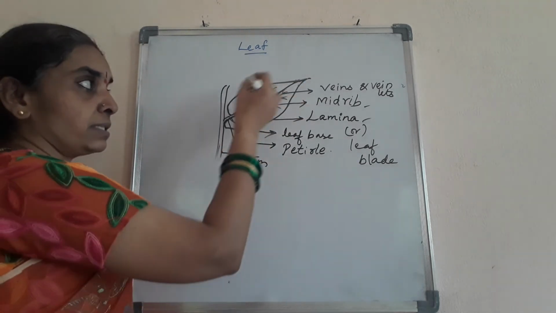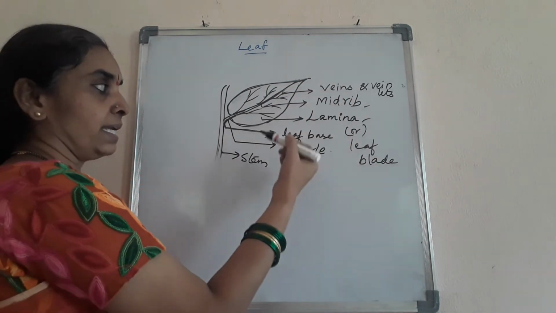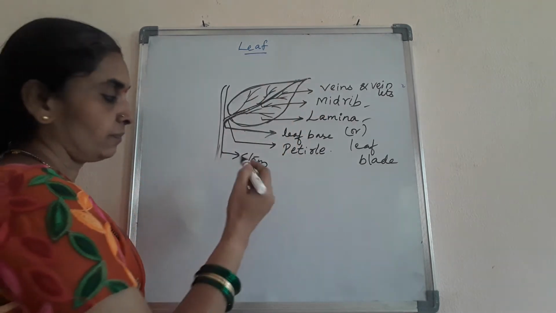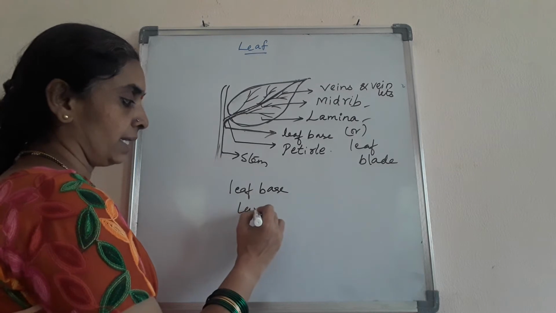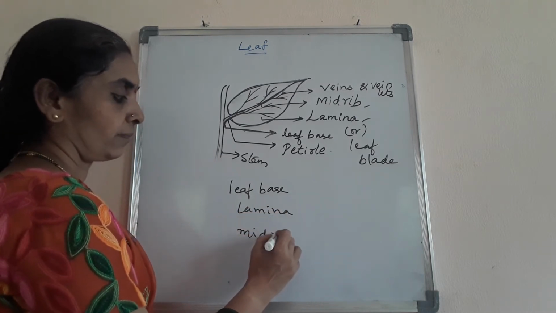Especially the structure of the leaf is divided mainly into three parts, that is leaf base, lamina, midrib. First is leaf base, lamina and midrib.